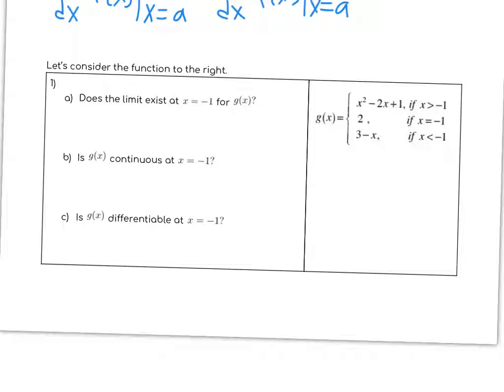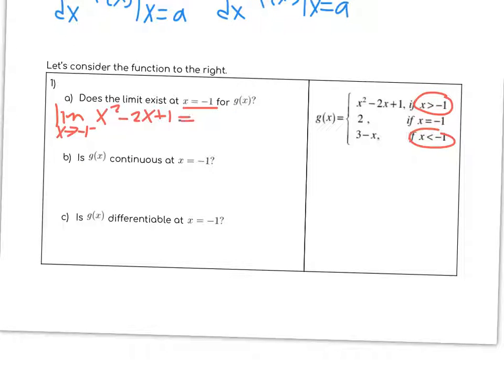And then we go to apply this stuff. So we're going to go piece by piece. Does the limit exist at x equals negative 1? We'll look at both sides. And when I plug in these values, so the limit as x approaches negative 1 from the left, I'm going to use the stem x squared minus 2x plus 1.